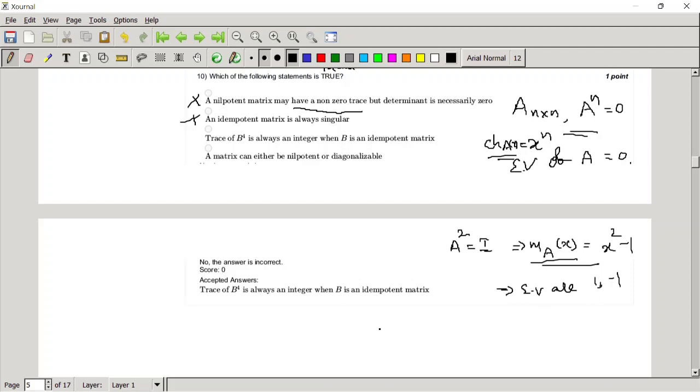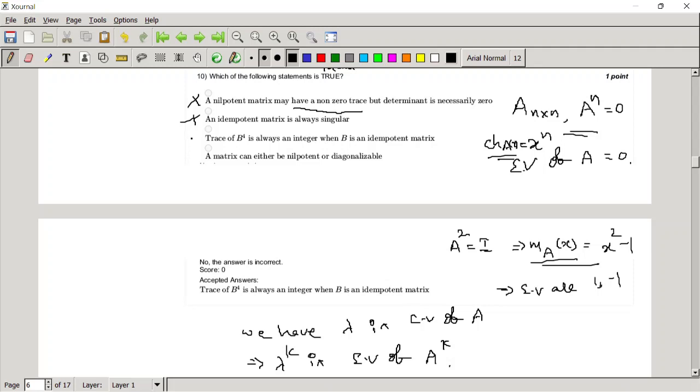We have that if lambda is an eigenvalue of A, then lambda power k is an eigenvalue of A power k. So by this we can say the eigenvalues of b power 4 are only ones. So the trace is always an integer.